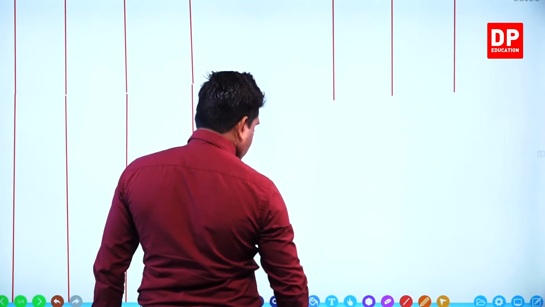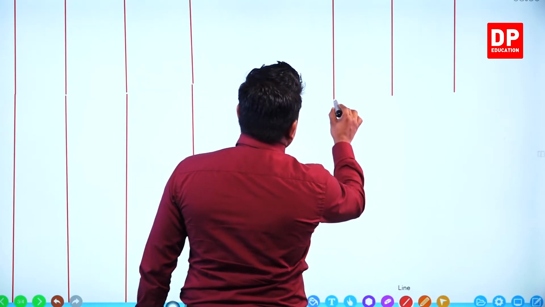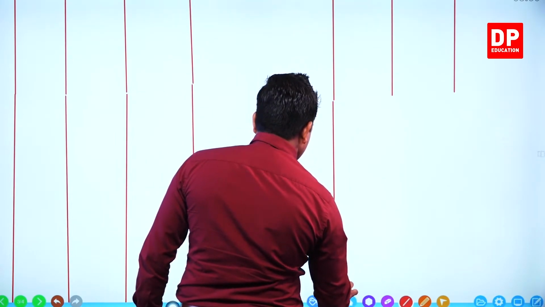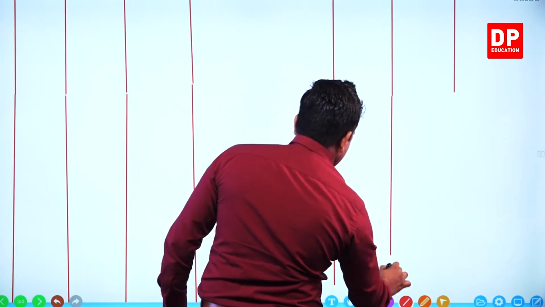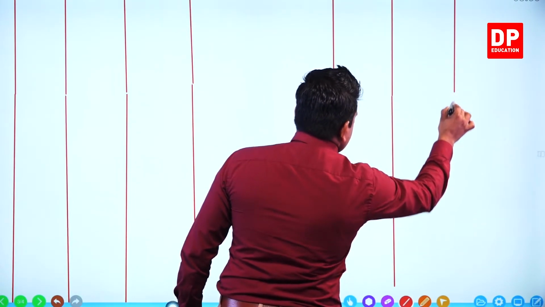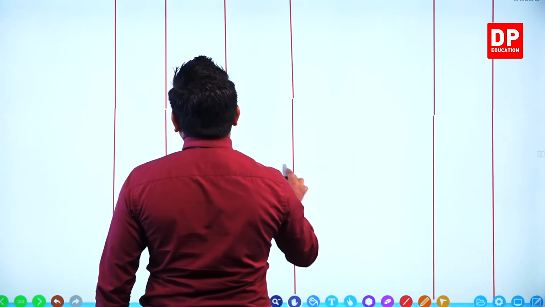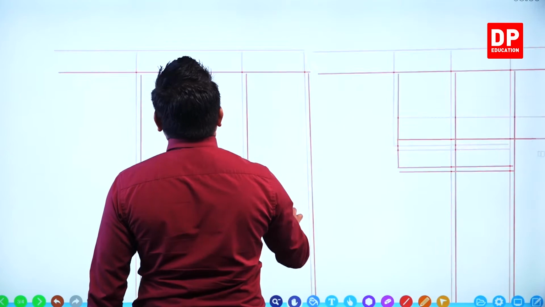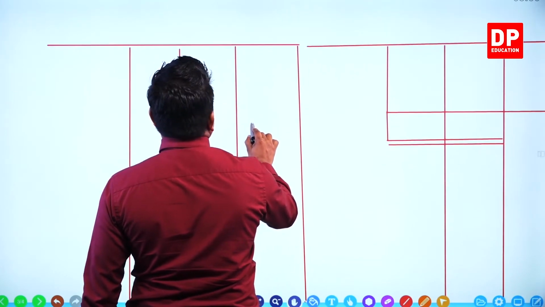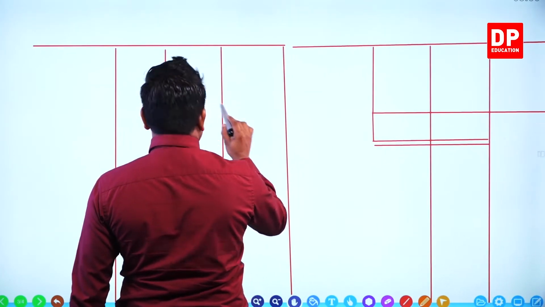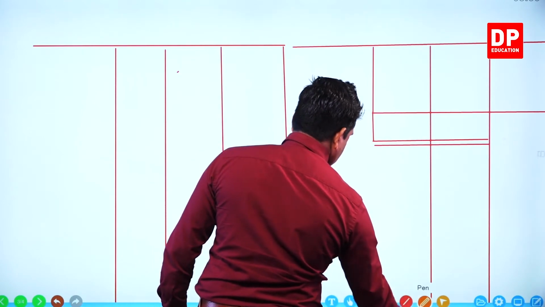Then if you feel it's not enough, you can expand these columns. Now you go to name the columns and write the name of the accounts.